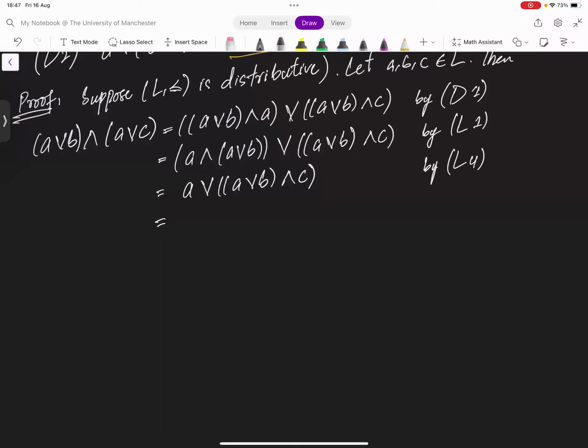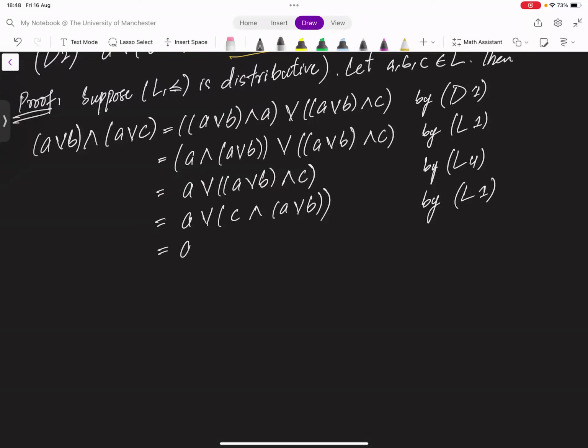And then again, we can also write A or C and A or B. And this is by L1 again, commutativity.